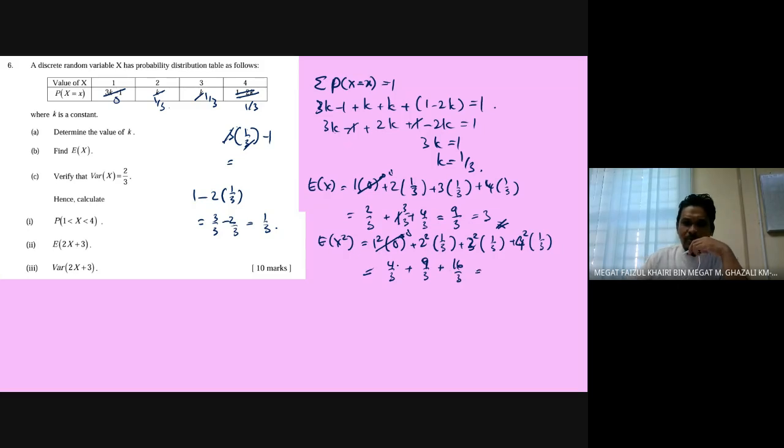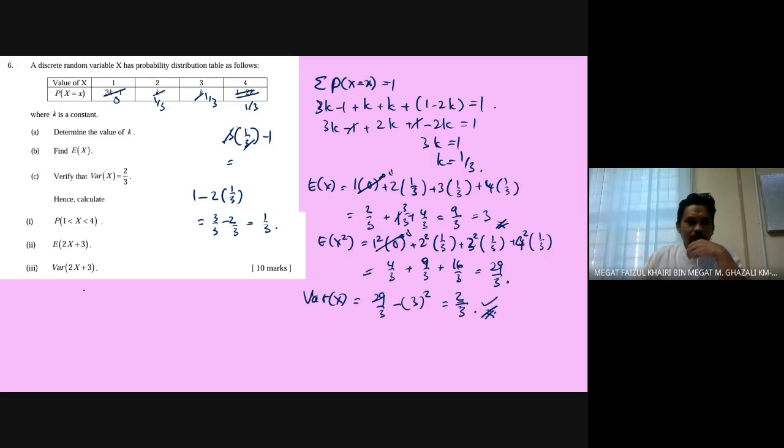So 16 plus 4, 20 plus 9, 29 divided by 3. So then variance of x equal to expected of x squared, 29 over 3 minus expected of x squared, 3 squared. And this gives you 2 over 3. So the variance is 2 over 3.